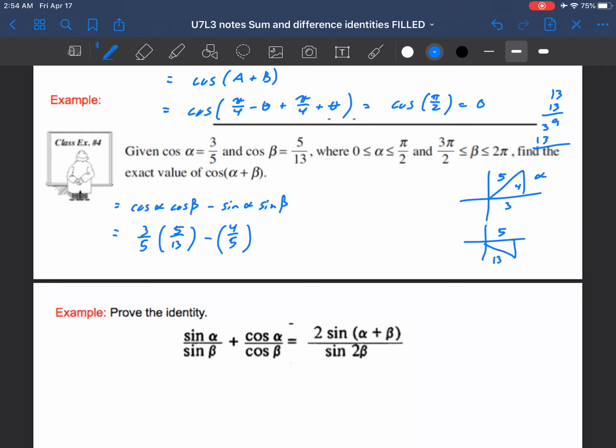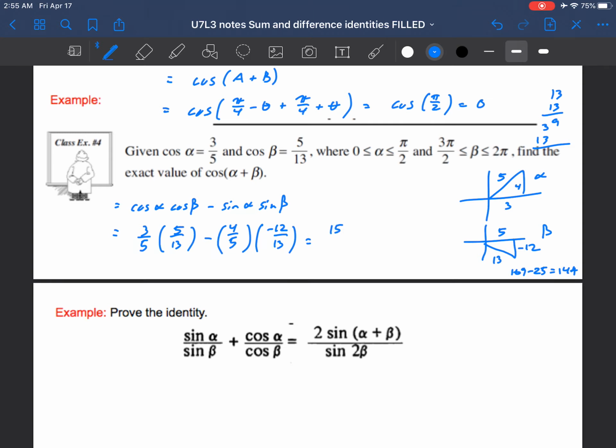Yeah. So okay, 169. 169 minus 25 is 144. The square root of that is 12, and that should be negative. So the sine of beta is opposite over hypotenuse, negative 12 over 13.